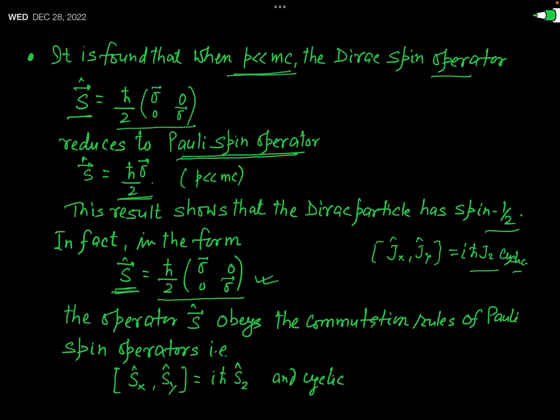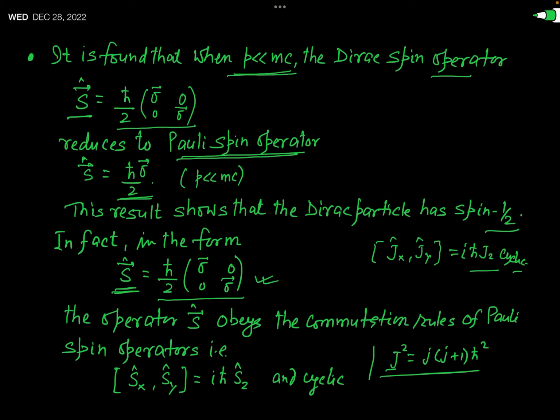And as you know, the angular momentum operator has the eigenvalue of j square equal to j times j plus 1 times h bar square. Since the spin angular momentum operator also follows the commutation rules of the angular momentum operator, we can guess that the eigenvalues will be in the same form.